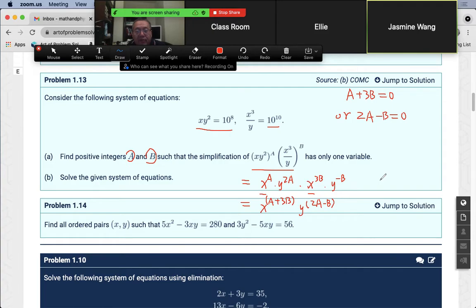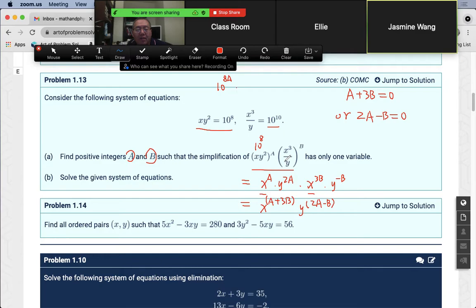Now they also give you that this one equals 10 to the power 8. So another way we can write this is 10 to the power 8, then to the power a, so that equals 10 to the power 8a.